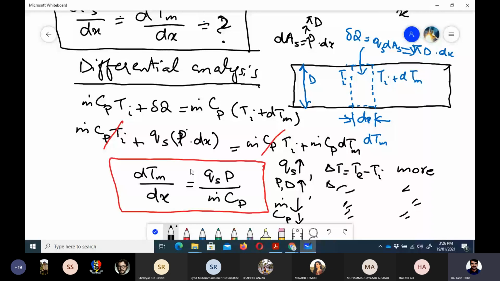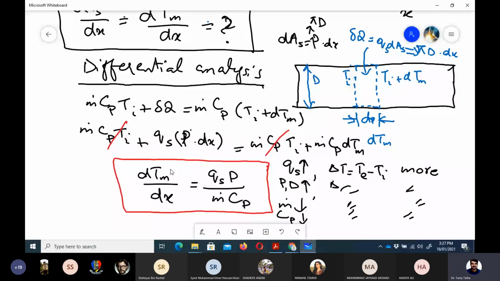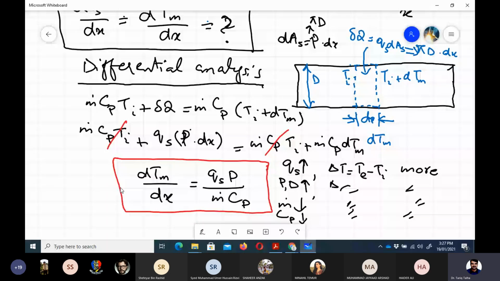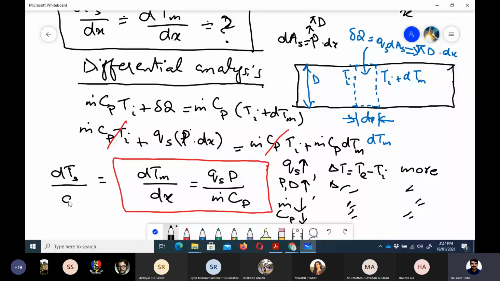If we have a high mass flow rate coming through the pipe, then we need to provide more heating inside the geyser to have fluid coming out at a fixed temperature. So this is also equal to, because for the fully developed region it is equal to this, dTs by dx, and we have found out this value.